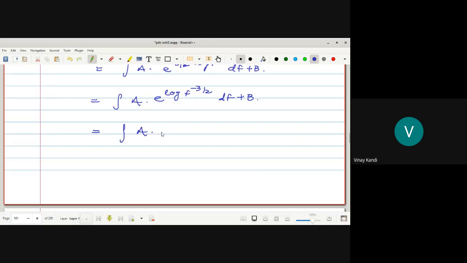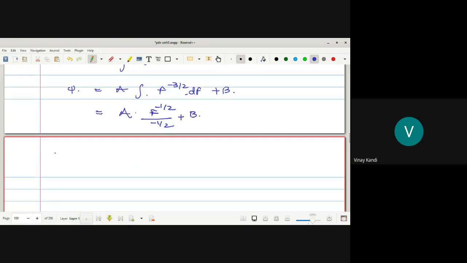This is integration of a into f raised to minus 3 by 2 into df plus b, which is a into integration of f raised to minus 3 by 2 df plus b, which is a into f raised to minus 3 by 2 plus 1, that is minus 1 by 2, plus b. So therefore psi is equal to minus 2 into a into f raised to minus 1 by 2 plus b.